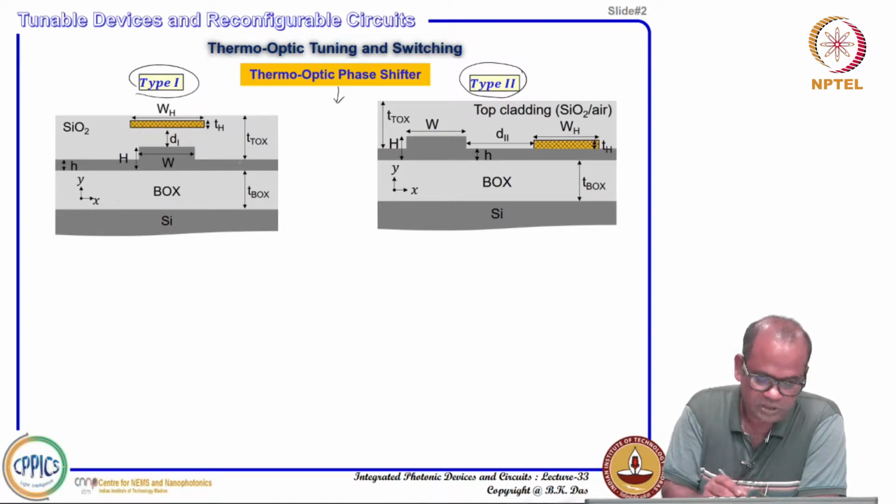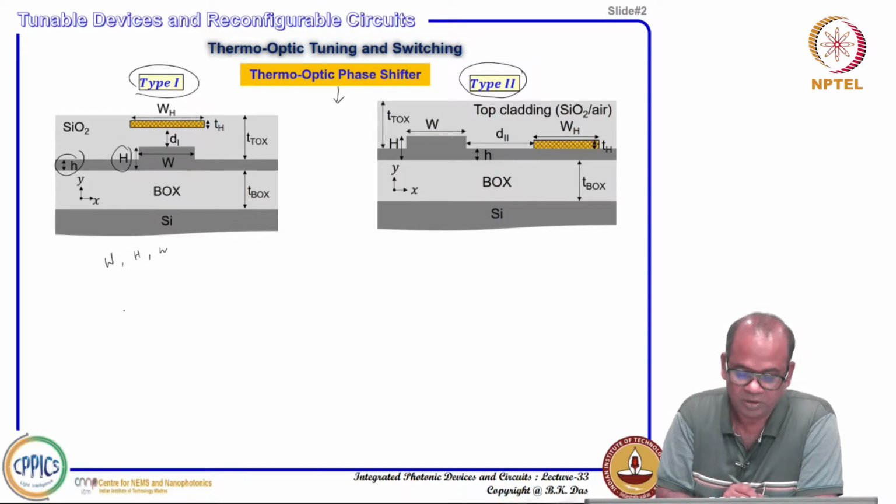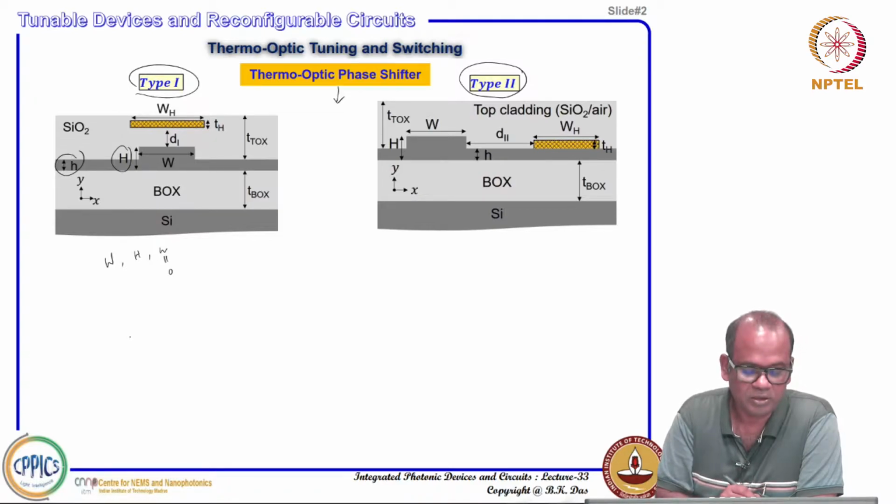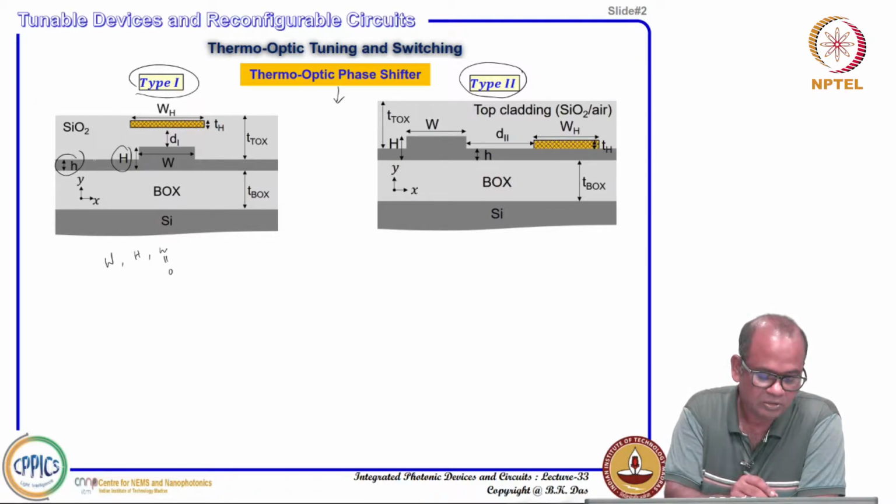In this design, we have given the cross section of a rib waveguide structure, where you have a finite waveguide width W, the device layer thickness, and this slab thickness, small h. The slab thickness can also be 0. In this type 1 design, you should have a silicon dioxide top cladding.